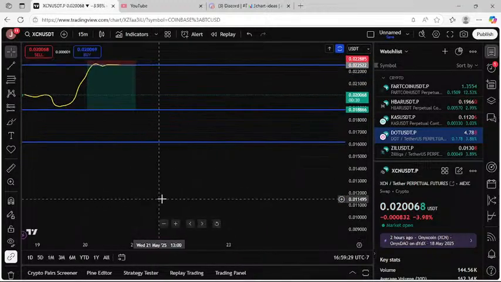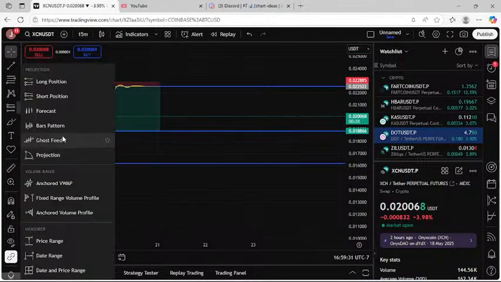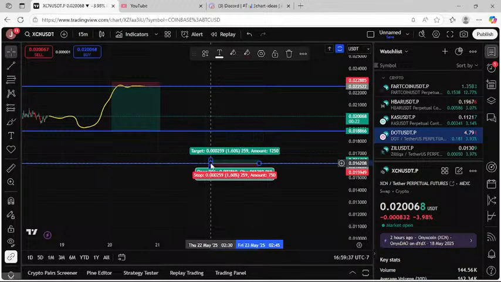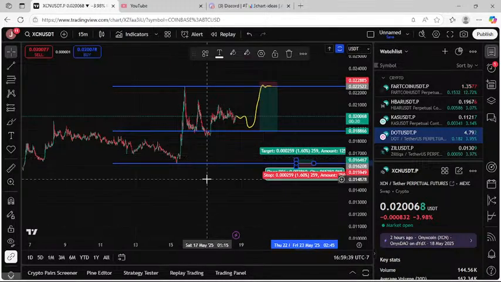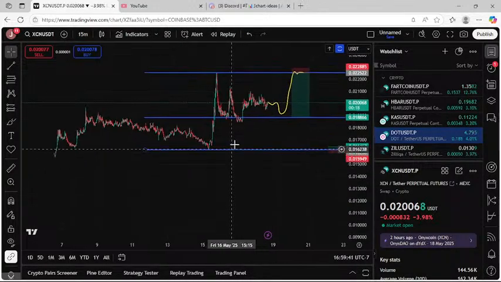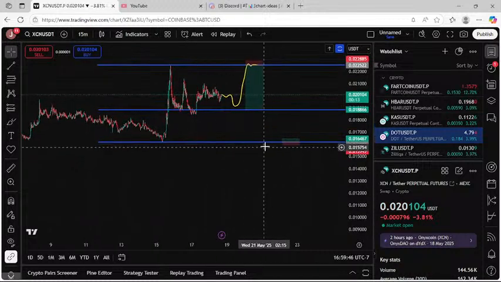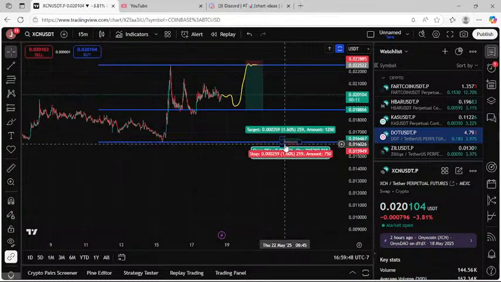If you're going to do a swing high trade, so let's say you want a long, you'll wait for here. This is the last split. All right, so there we go. Stop loss here.